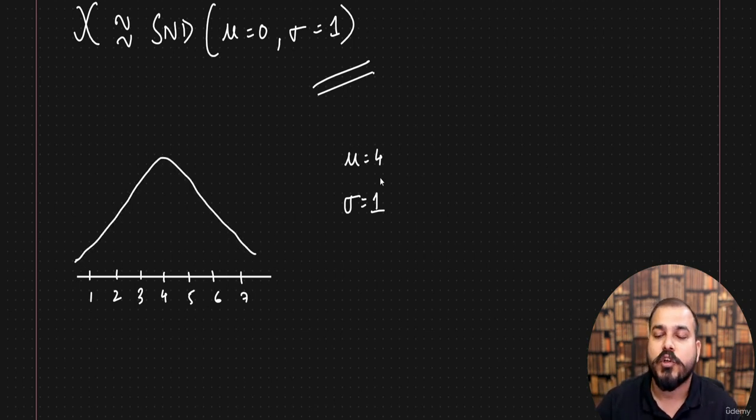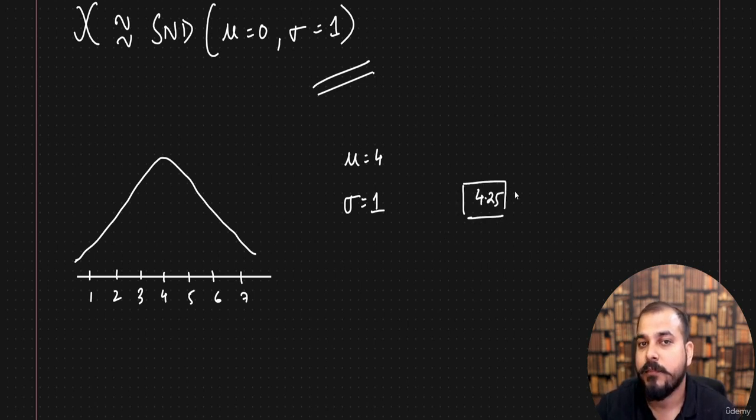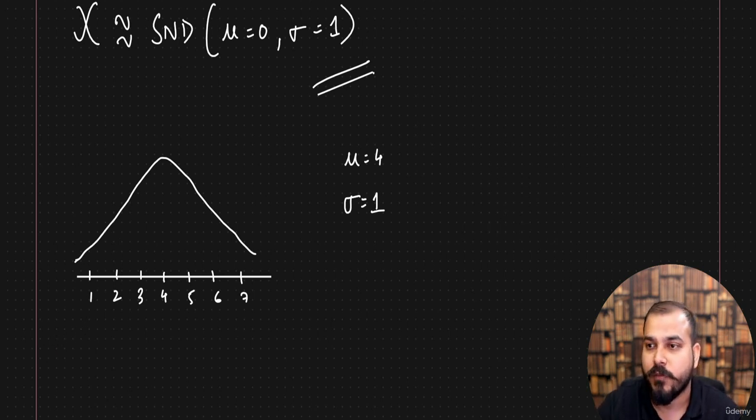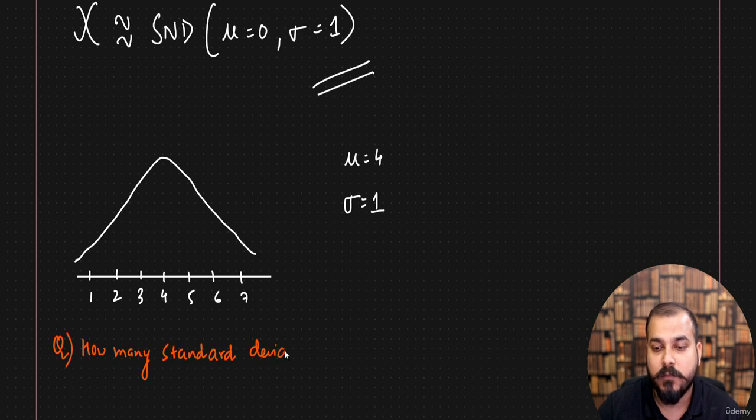Now I have a question over here. How many standard deviations is 4.25 away from the mean?